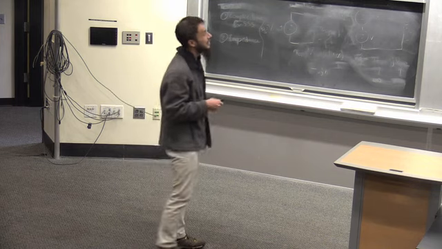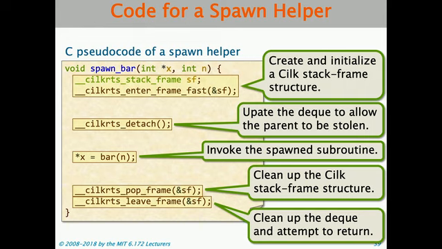There's a call to Cilk RTS detach, which performs a bunch of updates on the deck. Then there's the actual invocation of the spawn subroutine. This is where we're calling bar. And finally, at the end of the function, there's a call to pop frame to clean up the stack structure, and a call to leave frame, which will clean up the deck and possibly return. It'll try to return. We'll see more about that.